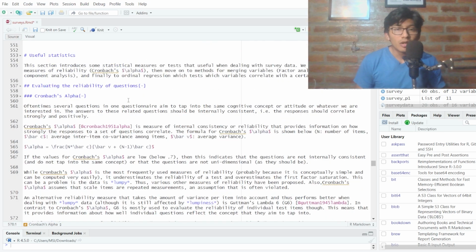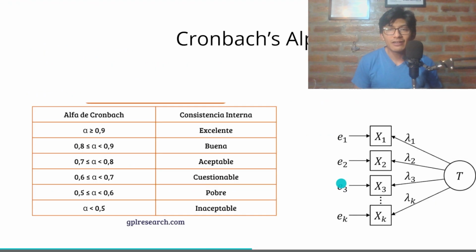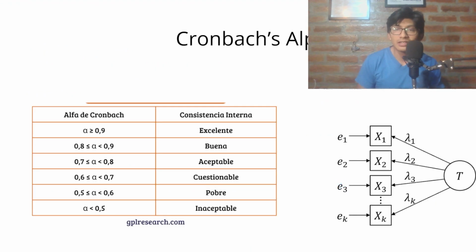One of the most common tools to measure this is Cronbach's alpha. This value tells us how well the questions in a group relate to each other, meaning if they all measure the same concept.